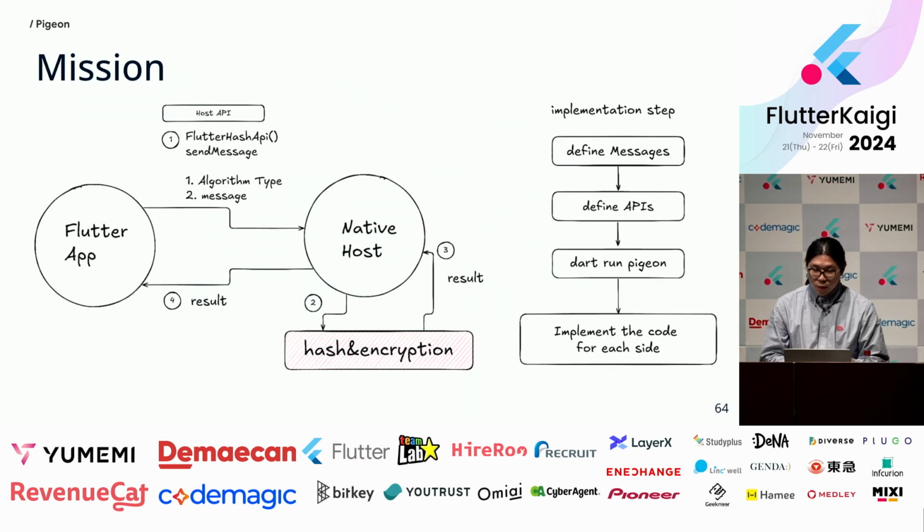Today, we will explore the process of implementing encryption features using Pigeon to access native functionality. The implementation will involve defining messages, outlining the API, and then generating the code using Pigeon. After that, we will proceed with the detailed implementation of the defined methods.